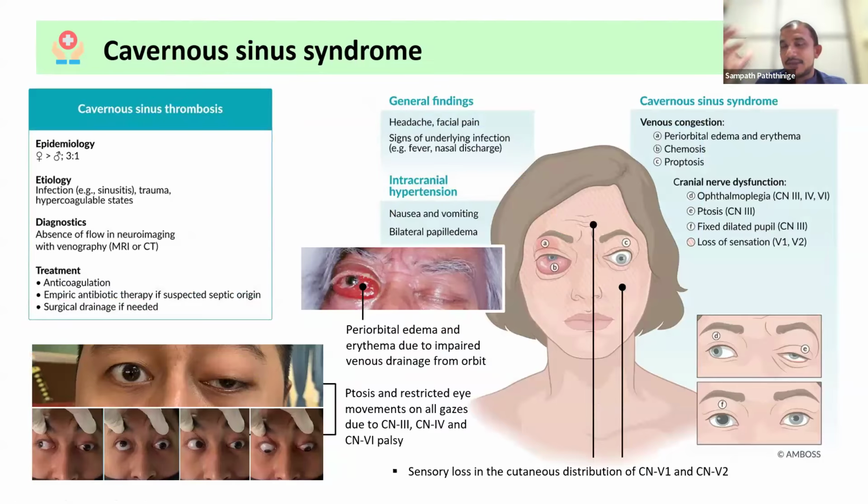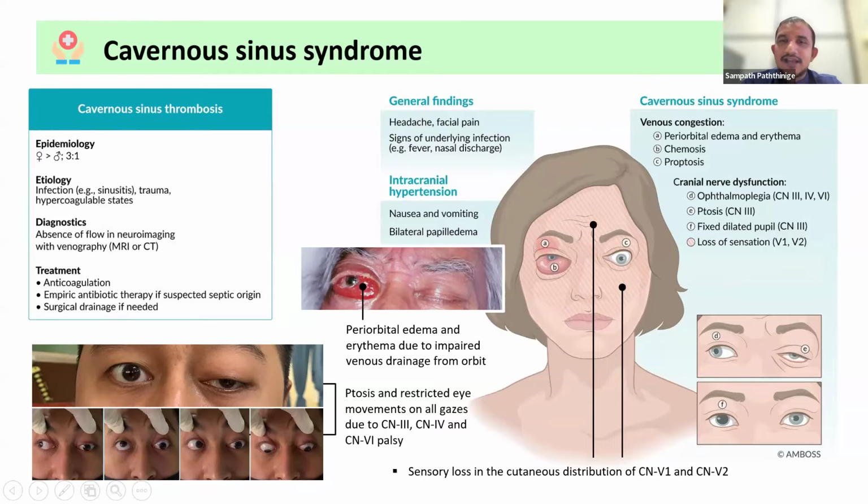So they will have problems in all the eye movements, because the third, fourth, and sixth nerves are there. They will have sensory loss affecting the face except the mandibular region, because that is supplied by the ophthalmic nerve and the maxillary nerve. They will have venous congestion in the orbit, right?